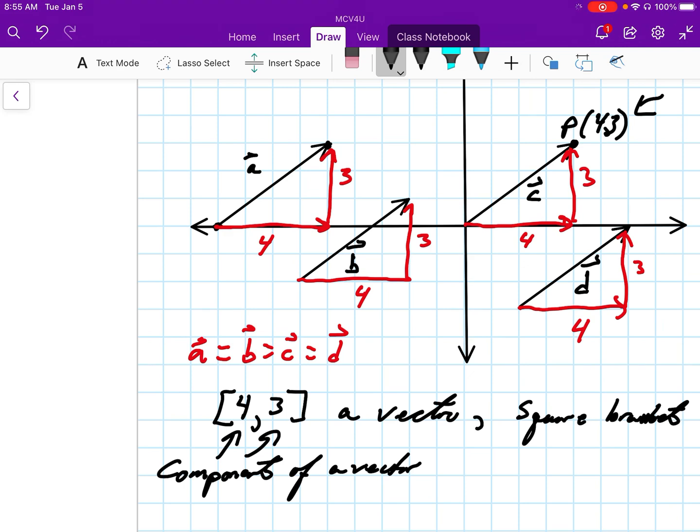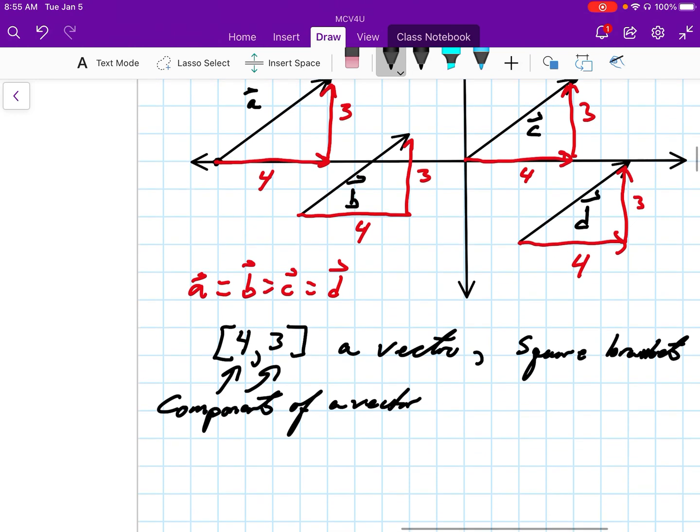For a vector, you have components. So make sure that you've got that as well. We can see that all 4 of these are equal to each other because they have the same direction and same magnitude, as we said before.